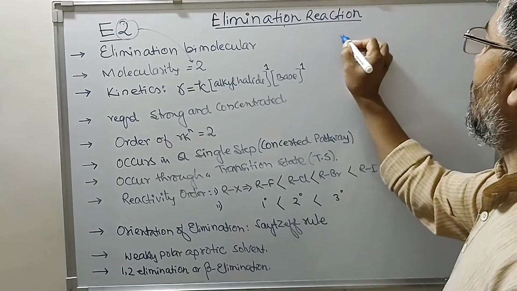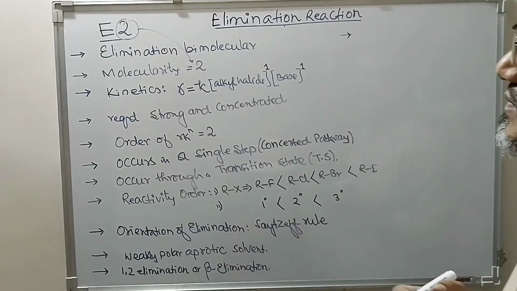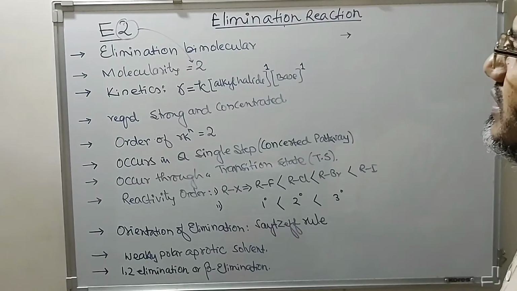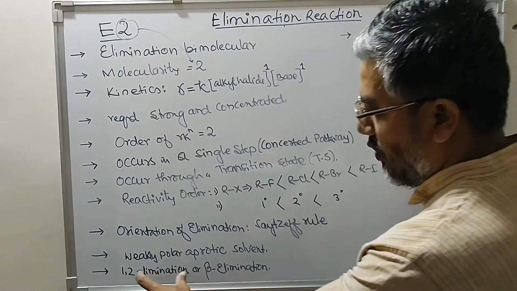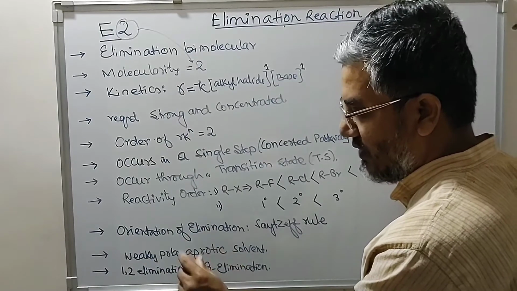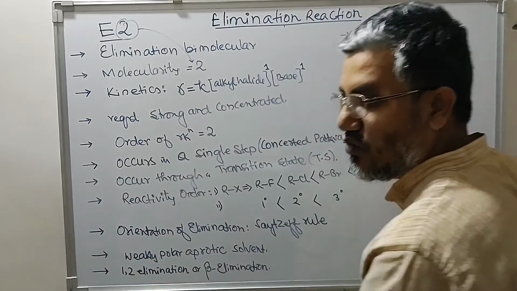This 1,2 means the leaving groups, that is hydrogen and halogen, are removed from the 1 and 2 position.